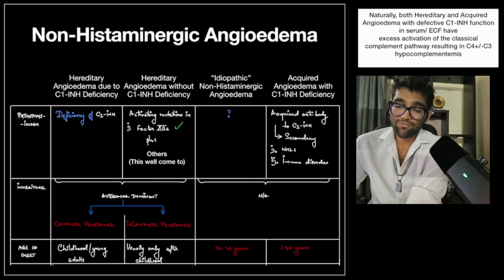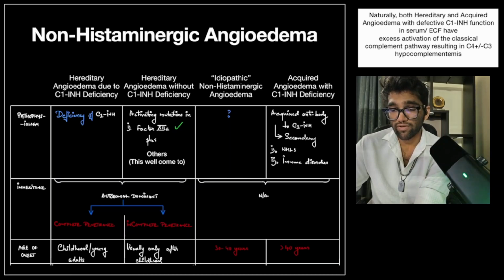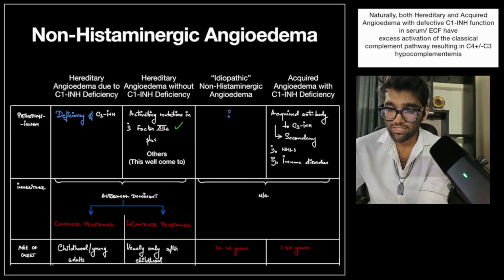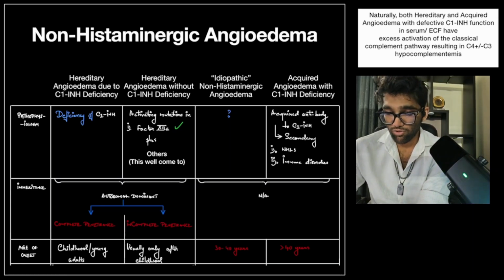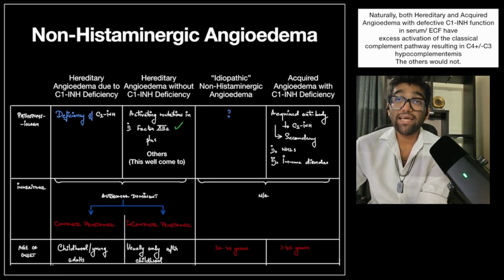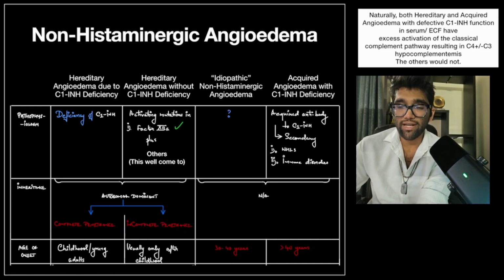Therefore, this kind of consumption may not always occur. So you can have normal C3 C4 levels, but if you have reduced C3 C4 levels, that is highly suggestive that the patient has a C1-INH function deficiency. Then we also measure the C1-INH levels in blood as well. Obviously, hereditary angioedema without C1-INH deficiency and idiopathic non-histaminergic angioedema would not have this.